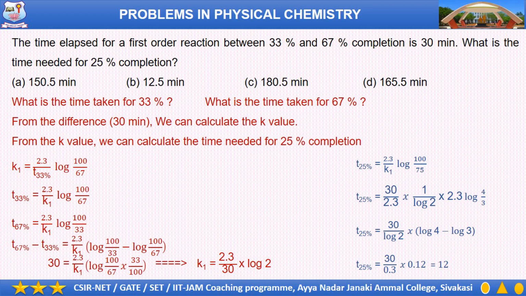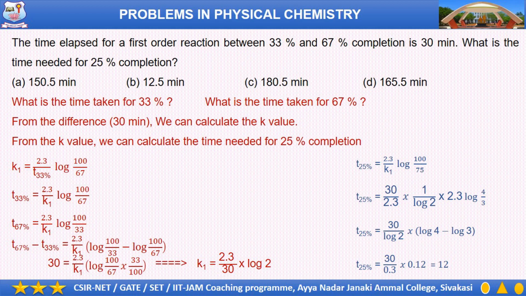Or you convert it the other way: T 33% is equal to 2.3 by K1 into log of 100 by 67. Similarly, work out for T of 67%. What would be the equation? Immediately tell me the equation.